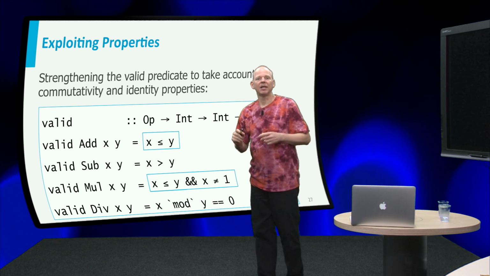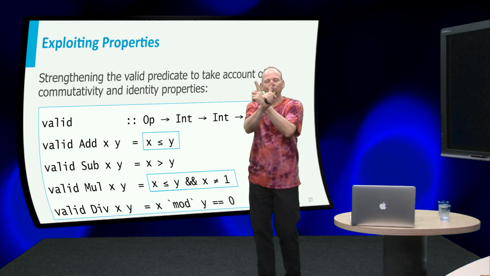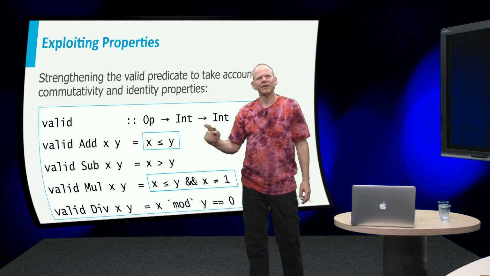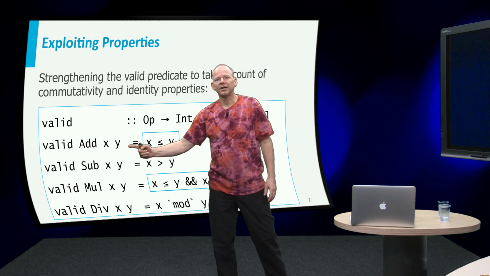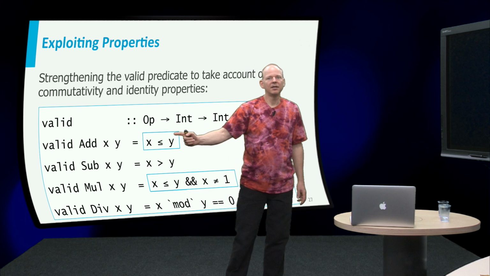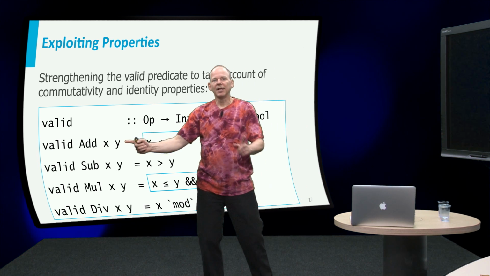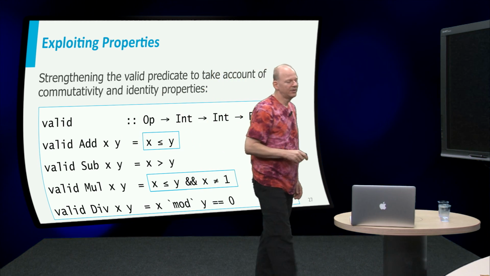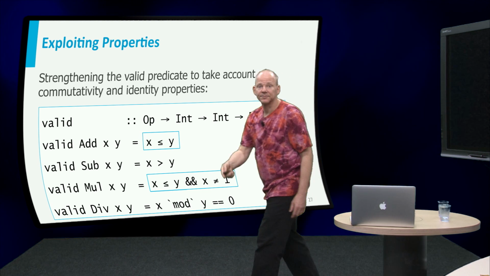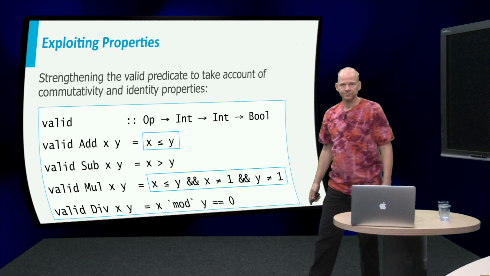And by that, we have eliminated add y x as a valid expression. So you see, this is quite a clever trick. So if x and y are the same, it's still valid. But if x is less or equal than y, we have eliminated the commutative expression y x. Good.